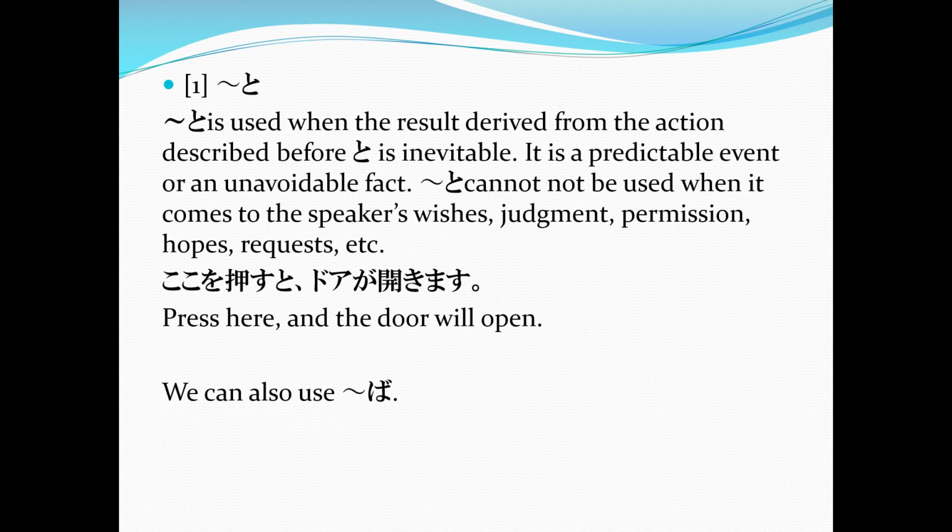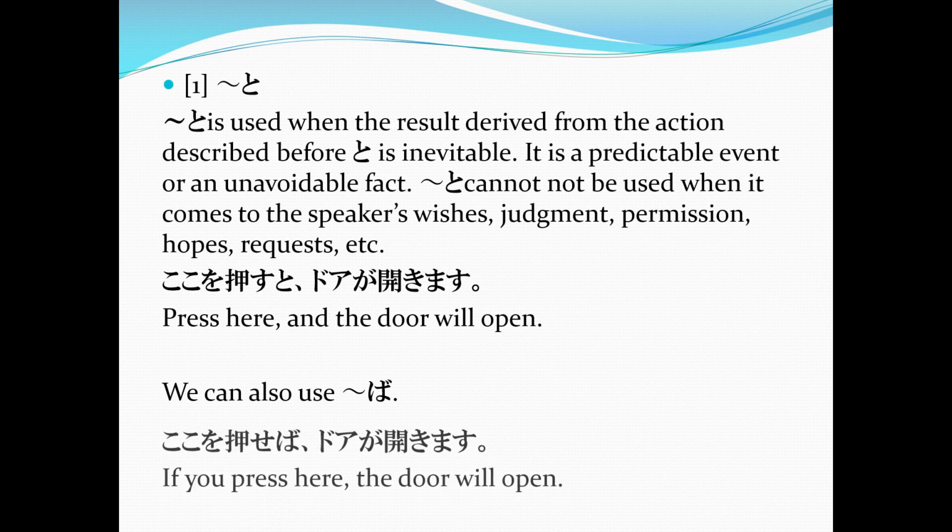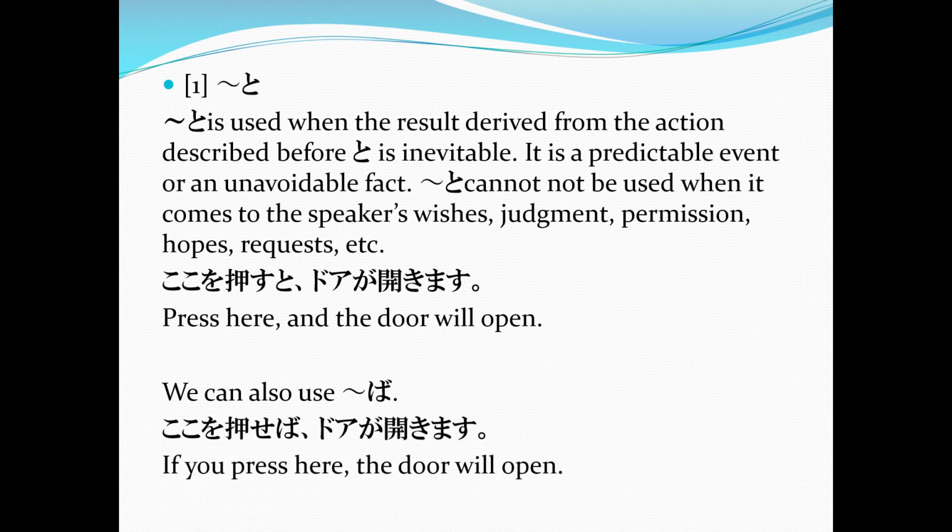Another one: if you want to use the conditional form, which might mean the same thing as the first example, you can also use the ba. Koko wo oseba doa ga akimasu. Same, right? If you press here, the door will open. So see, one is the to sentence pattern, while the other one is the conditional pattern.